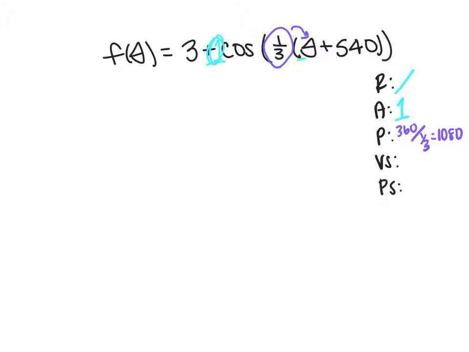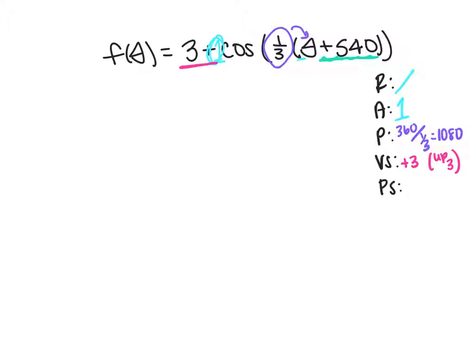Next, a vertical shift. A vertical shift is adding and subtracting outside the cosine function. So in this case, we have a 3 plus cosine. So vertical shift is a positive 3, which means we are moving up 3. And lastly, our phase shift is anything being added or subtracted inside the parentheses. And you will see a lot of these problems with the double parentheses.